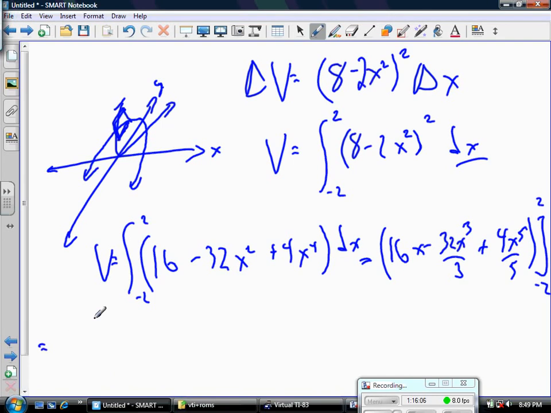So V becomes, holy Moses, you're going to plug in 2 into this? 2 times 16 is 32. 2 cubed is 8 times 32 is 64, 128, 256 thirds. Then 2 to the 5th is 32 times 4 is, what is it? 32 times 4 is 128? Fifths. That's if we plug in positive 2.